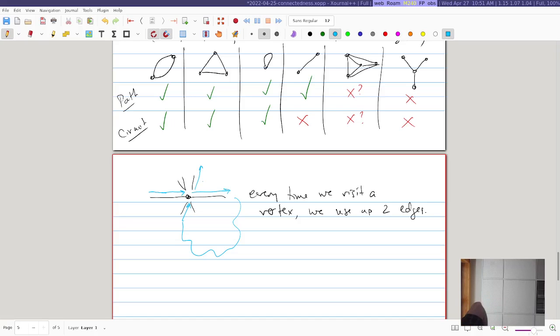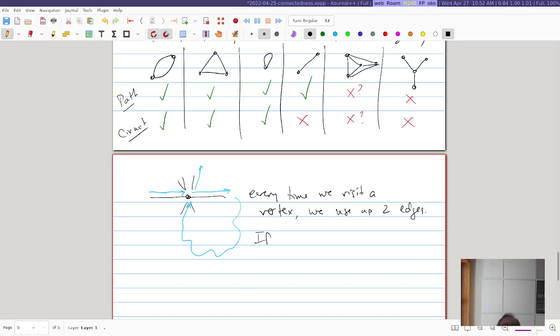And eventually, if the degree of that vertex was odd, then after I do this enough times, there's only going to be one edge left, and I'm going to get stuck at that vertex. Because if I come to it at all, there'll be one edge left, and then I will have no edges remaining by which I can leave.